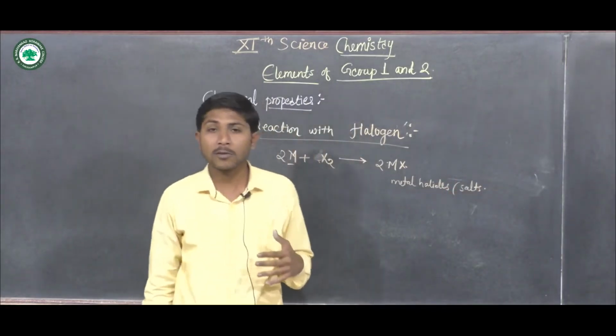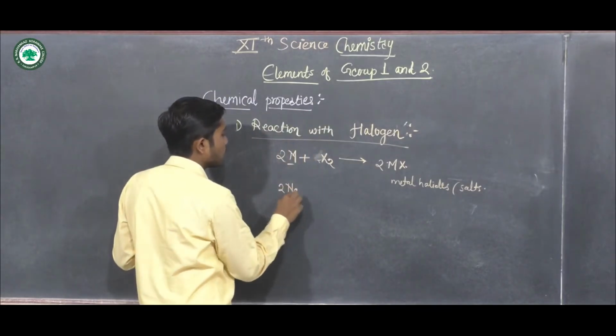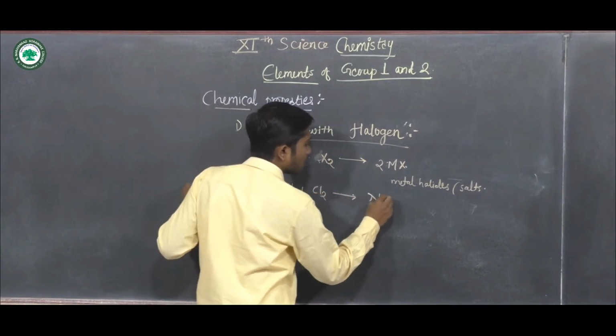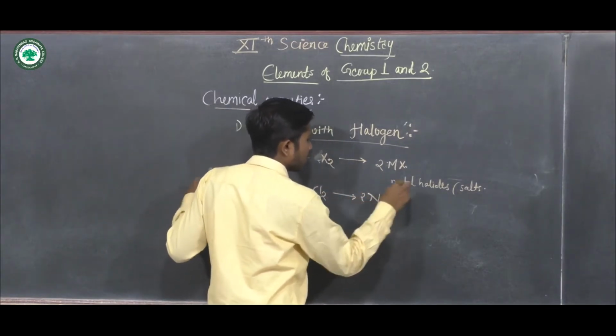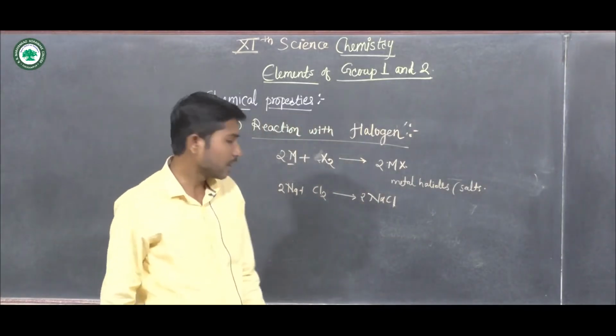There is the formation of salt. Let's take an example. When sodium reacts with chlorine, there is a formation of NaCl. We are very familiar with this NaCl, that is common salt, which is edible.